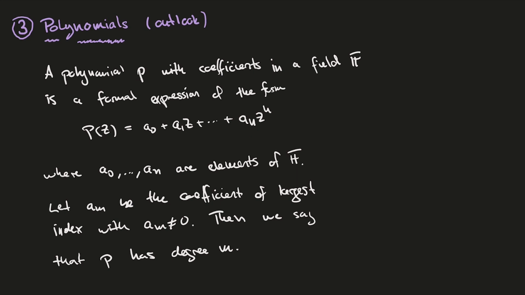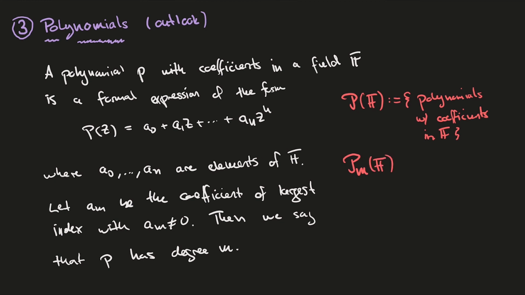We can now define two sets, namely P of F, which will be the set of all polynomials with coefficients in F. We can also define a second set, P_m of F, which is the set of polynomials with coefficients in F of degree at most m.